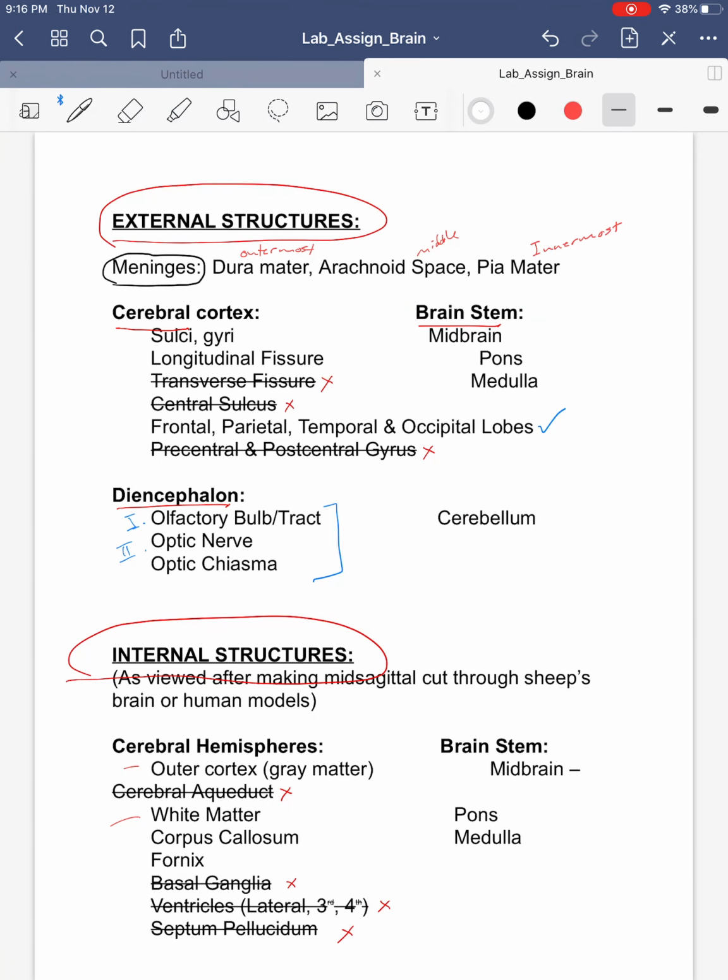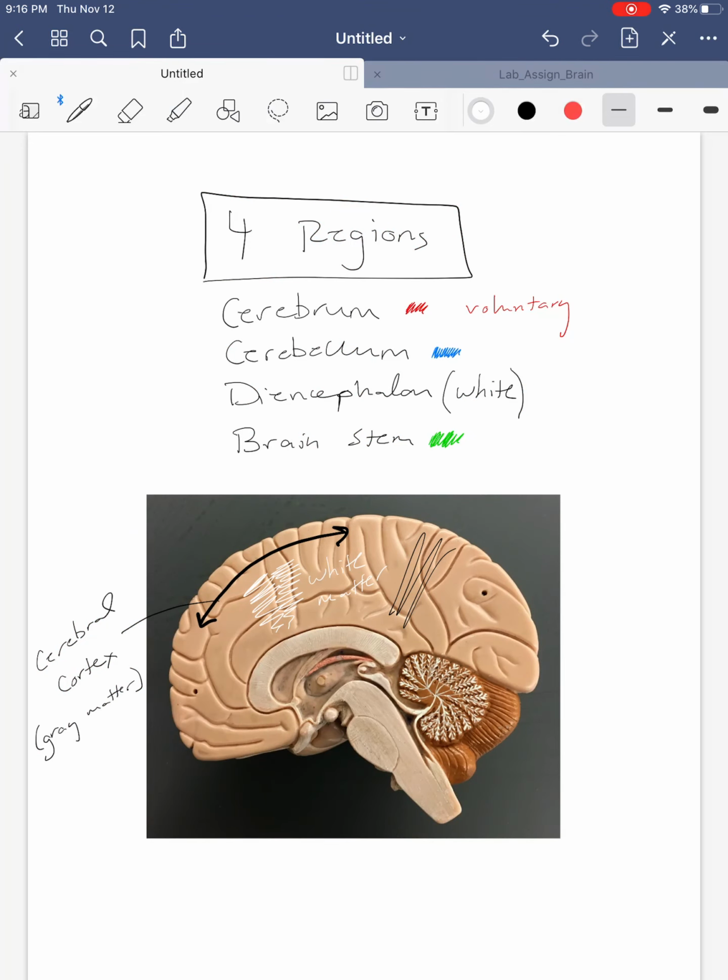All right, good stuff. Let's talk about the corpus callosum and the fornix. This structure right here is called the corpus callosum. And I actually like what the dude in the video says. He says it kind of reminds him of an upside down Nike swoosh, which I can see.